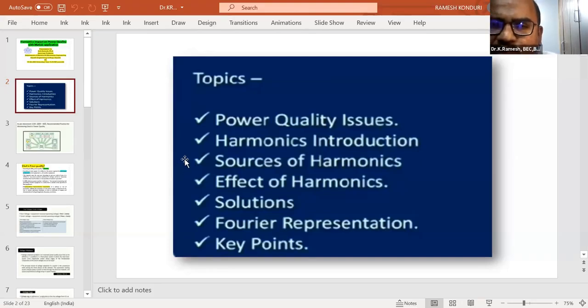And all these things I would like to focus on. So before going to this, what are the basic issues regarding power quality? Why is the power quality getting degraded?